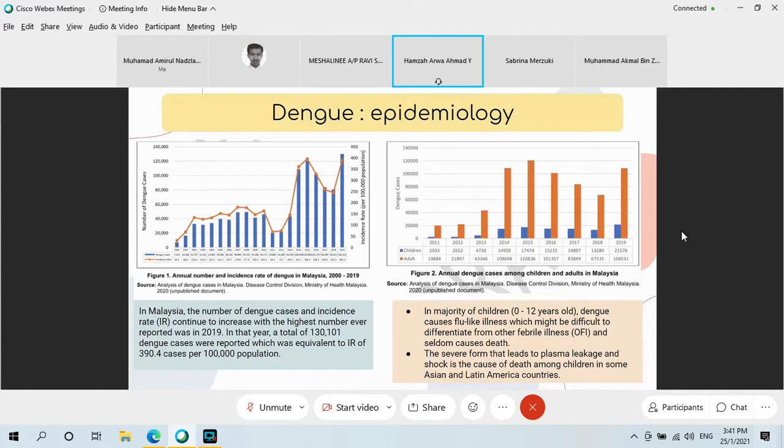After the peak, there was a downward trend in 2016 to 2018, with a yearly reduction of 3.9% of the cases. However, in 2019, there was an increase of 61.4% in dengue cases. So we can conclude that the dengue virus affects all age groups worldwide. Thus, children are also not spared from dengue infection, and their management proves to be challenging. Next slide.